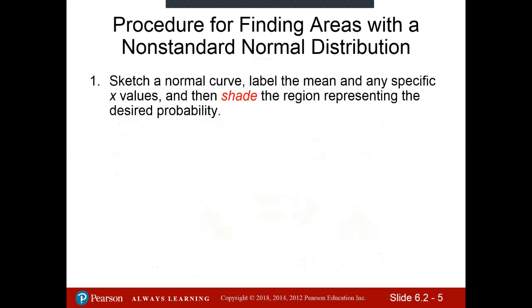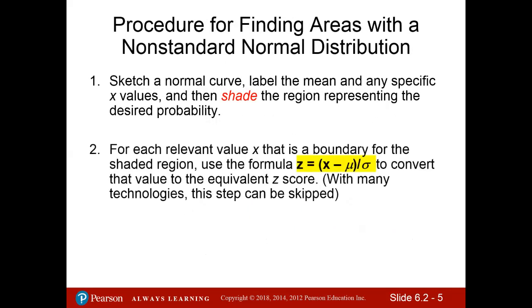Let us look at the steps that we go through. Procedure for finding areas with a non-standard normal distribution. The first thing I recommend in this chapter is to draw your density curve, the normal curve, and shade the area that corresponds to the desired probability. Once you know whether this area is to the right, to the left, or between two values, then we can use the standardizing conversion formula to find the z-score.